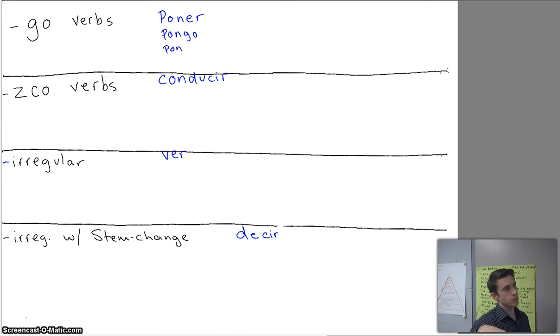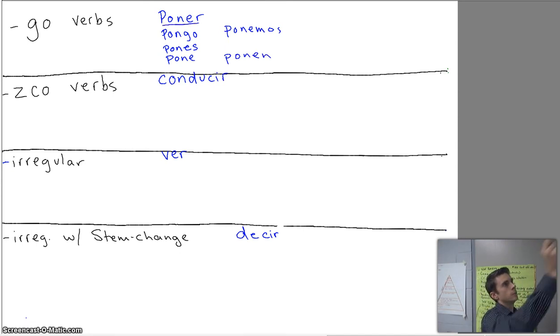Think back to how we conjugate verbs. We remove the ER ending here, and then we add our conjugated ending. That makes it pones. And then we have pone, ponemos, and ponen. So that is the infinitive verb poner.